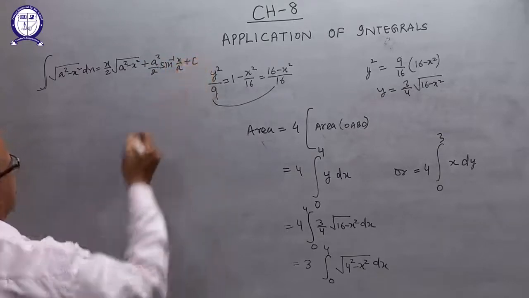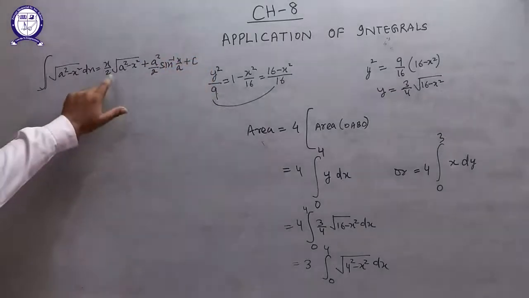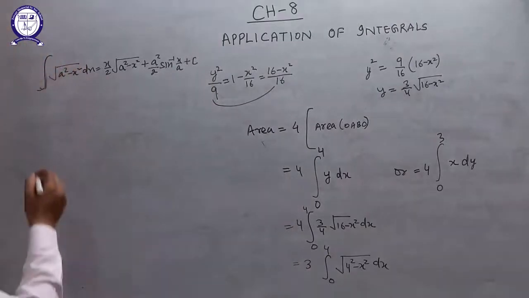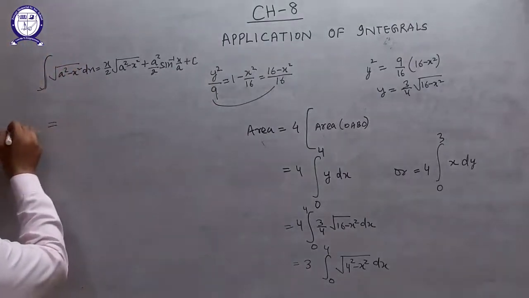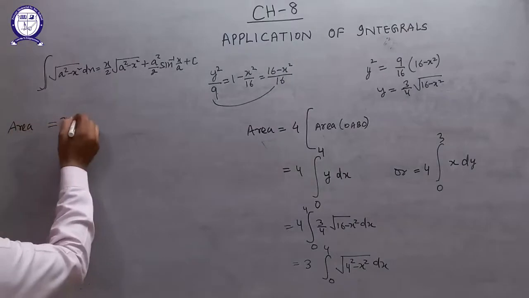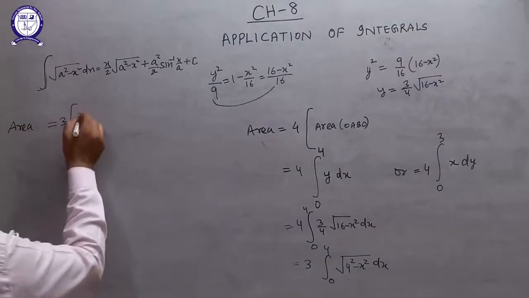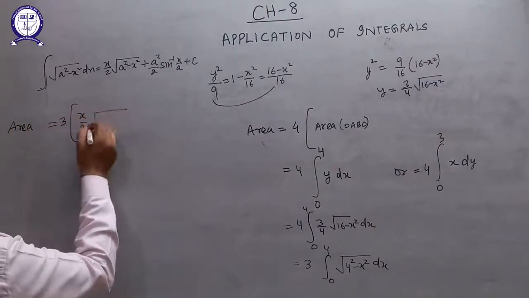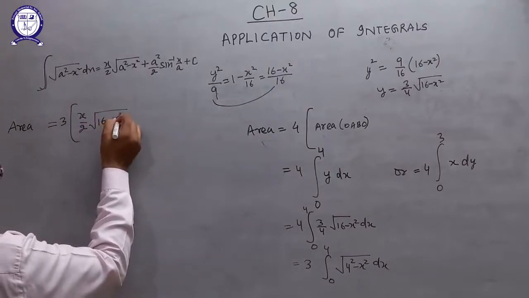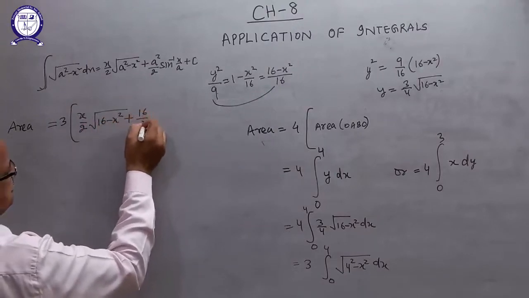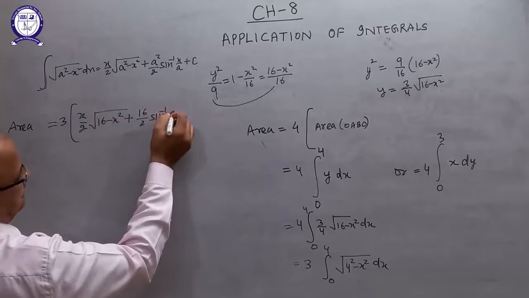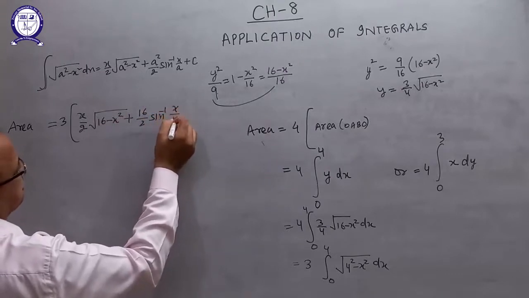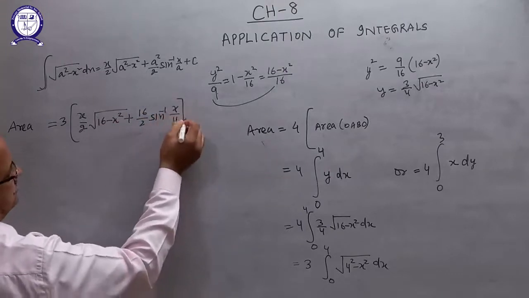Apply this property. Therefore, the area is x by 2 root 16 minus x square plus 16 by 2 sin inverse x by 4, with limit 0 to 4.